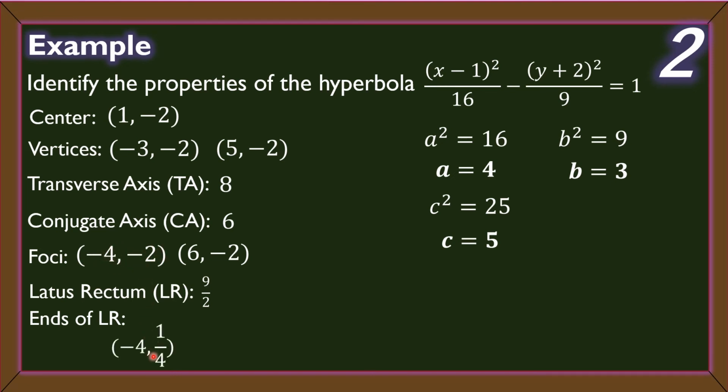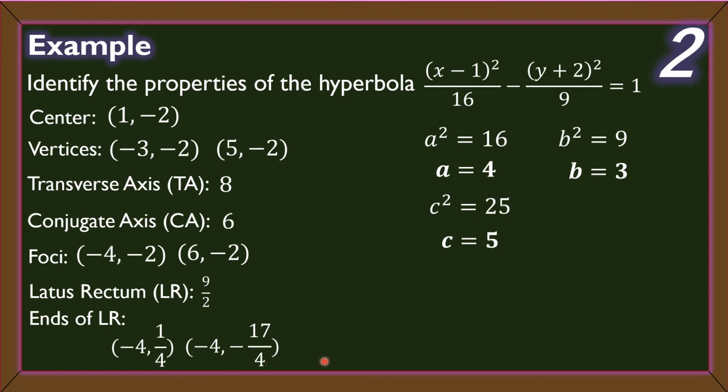So we have -4, the y-coordinate will be -2 plus b squared over a, that is 9 over 4. So -2 plus 9 over 4 is 1/4. And the other one will have -4. The y-coordinate will be -2 minus 9 over 4, and that is -17 over 4.